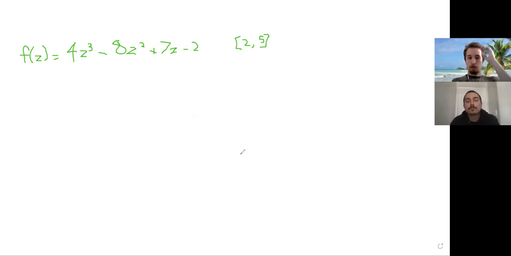Okay, so first thing we have to do here is determine whether this function is continuous on the interval 2 to 5. Well, you can see that it's just a cubic function, so it will be continuous.